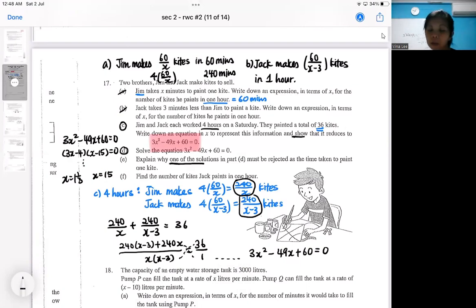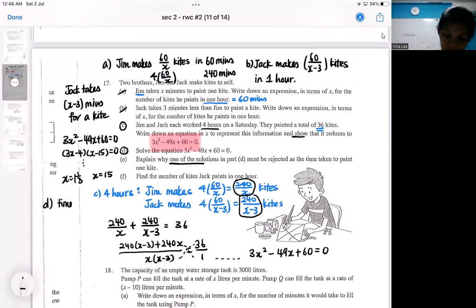For a very simple idea, remember just now, Jack takes X minus 3 minutes for a cut. Time is always positive, so time cannot be negative.